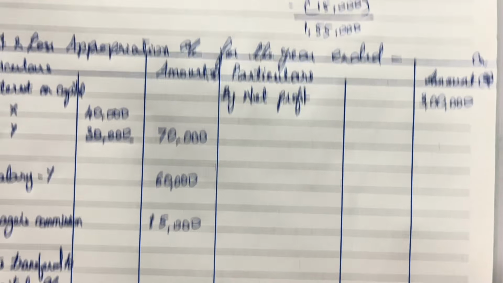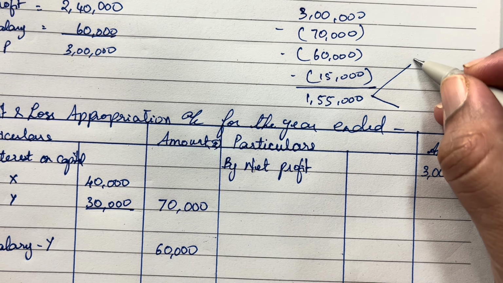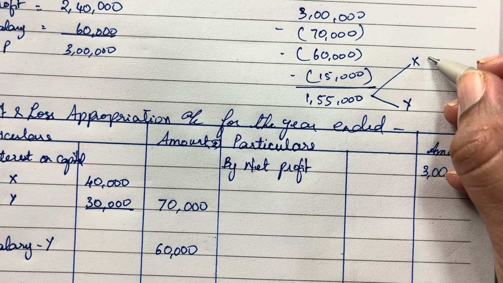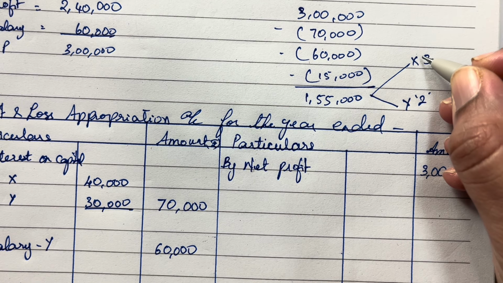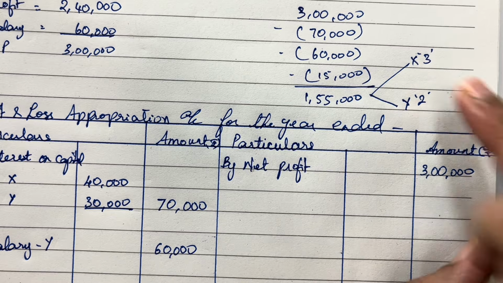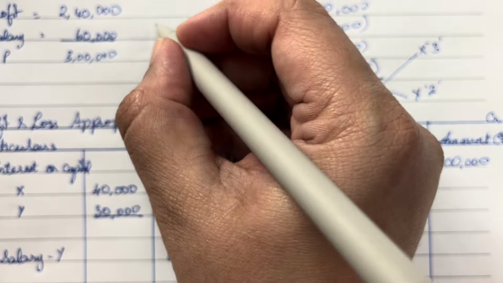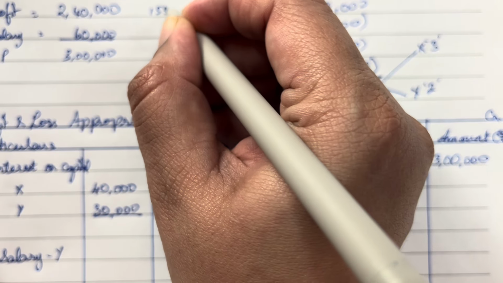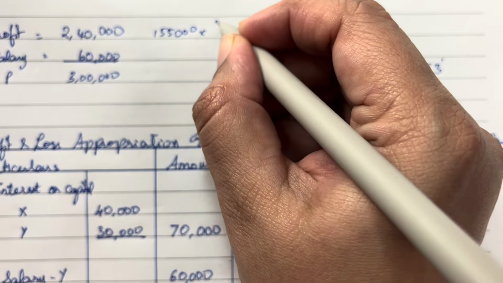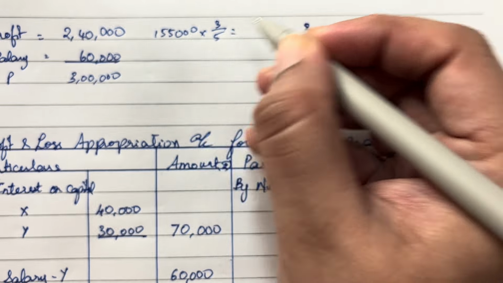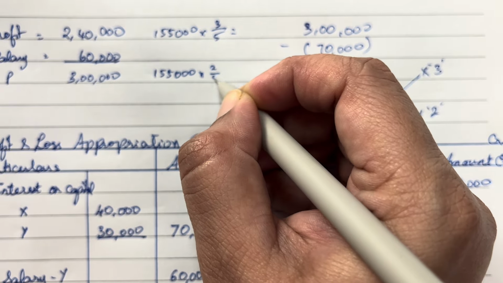Now, in which ratio is it going to be divided? This 1,55,000 will be divided between the two partners, X and Y, in the ratio of 3:2. X will get 3 out of 5 parts and Y will be getting 2 out of the 5 parts. So how much will each partner get? 1,55,000 into 3 by 5 for X, and for Y it would be 1,55,000 into 2 by 5.